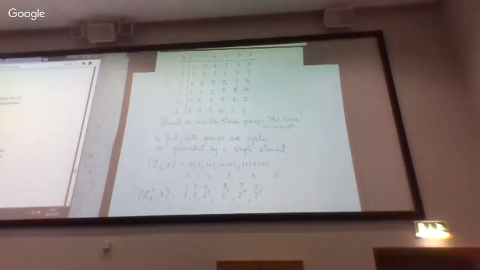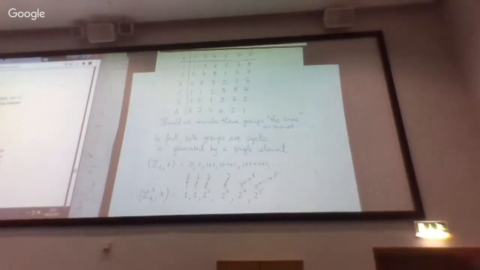So what this reveals is that if you relabel the elements of one group with its corresponding label here, you'll discover that the two groups as groups are really the same.